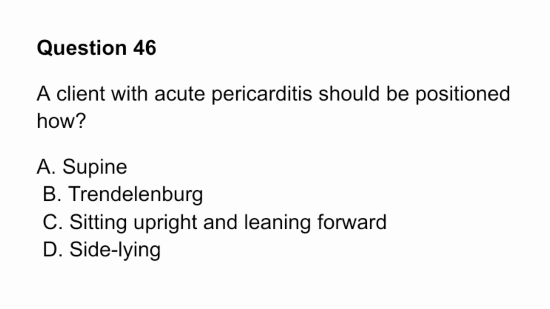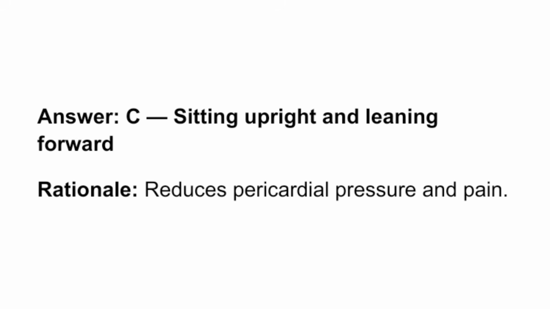Question 46. A client with acute pericarditis should be positioned how? A. Supine. B. Trendelenburg. C. Sitting upright and leaning forward. D. Side-lying. Answer C. Sitting upright and leaning forward. Rationale: reduces pericardial pressure and pain.